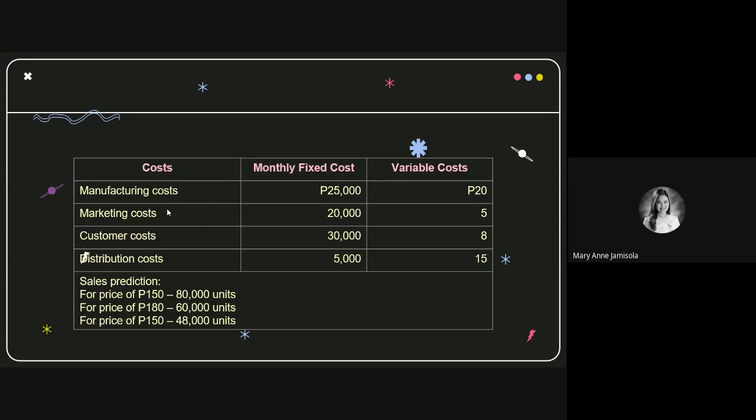So based on our calculations, it is the selling price of 150. This is the price that renders the highest expected profit. Let's verify. This gives us a profit of 4,656,000.